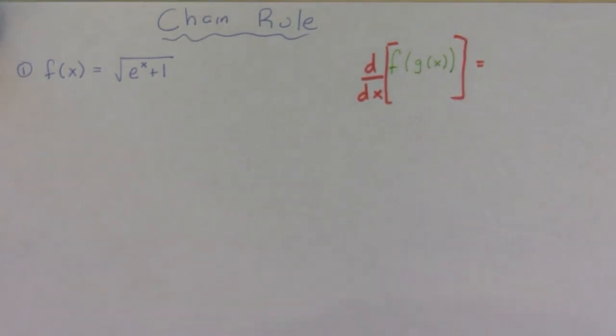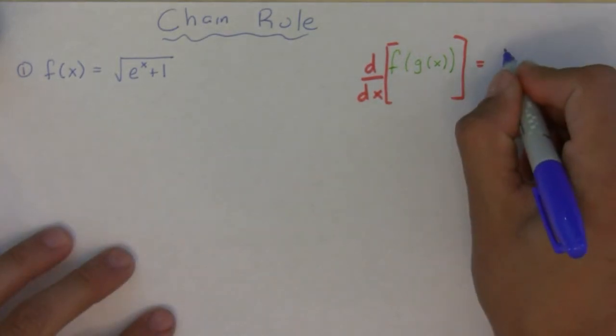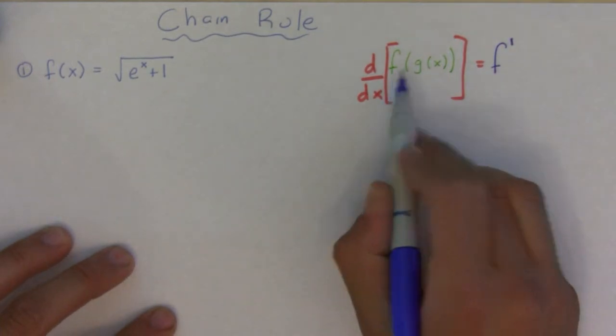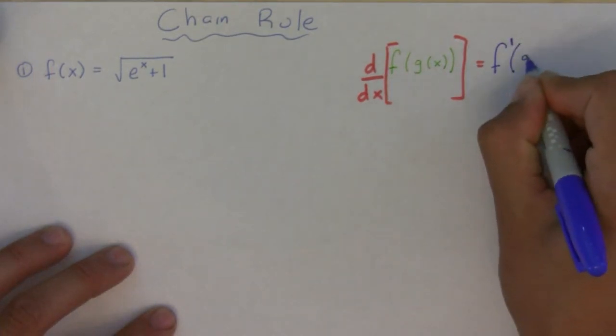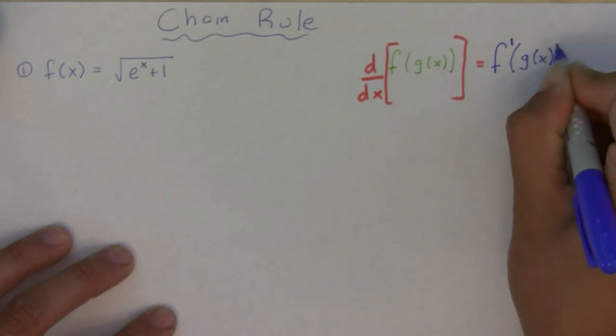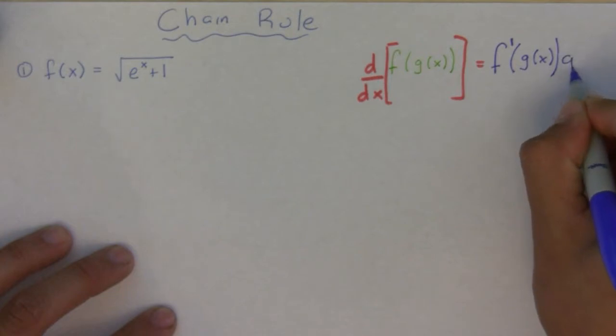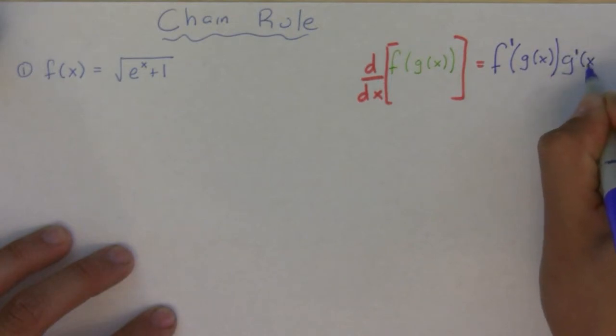So what the chain rule says is that you're going to get the derivative of what we're going to call the outside function with respect to the inside, multiplied by the derivative of the inside.